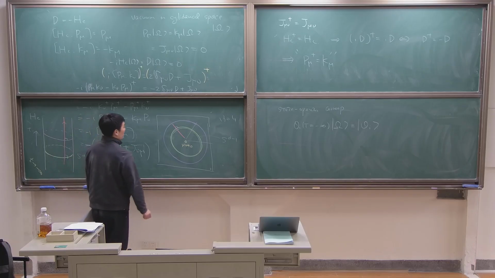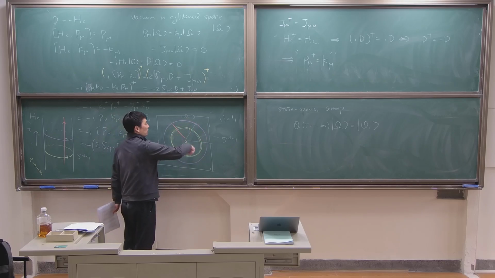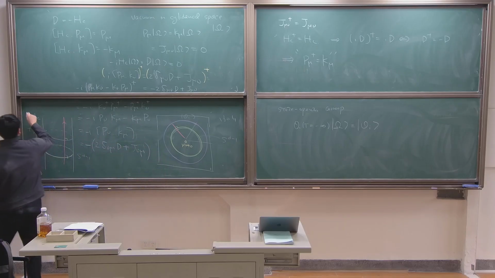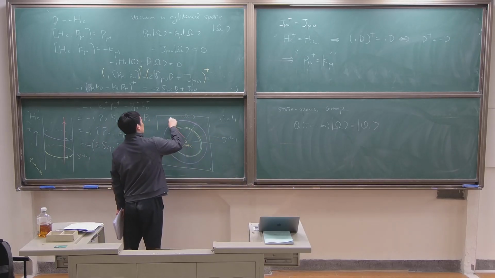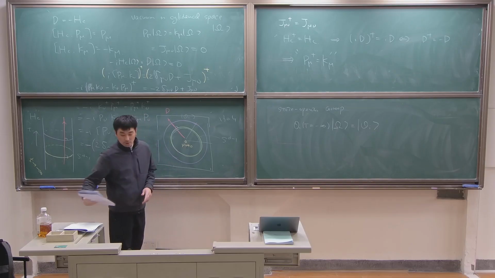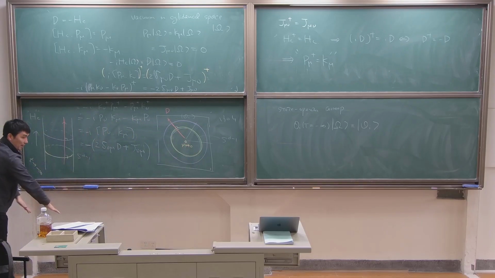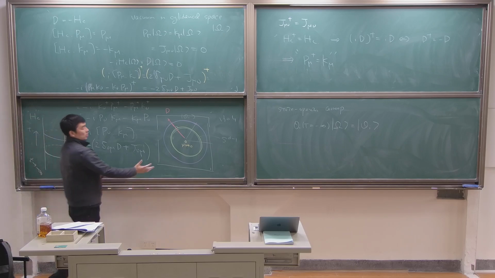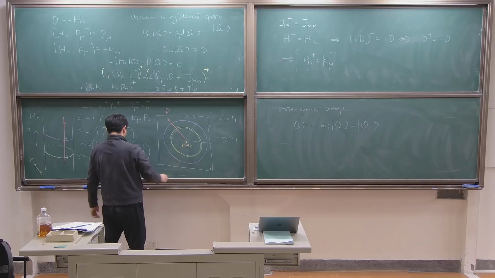The philosophy here is this. If you consider some states defined on this spatial sphere, but the theory is invariant under time translation, or dilatation D, then if you go back to the far past infinity, this sphere shrinks to zero radius, and that defines some operator at the origin.